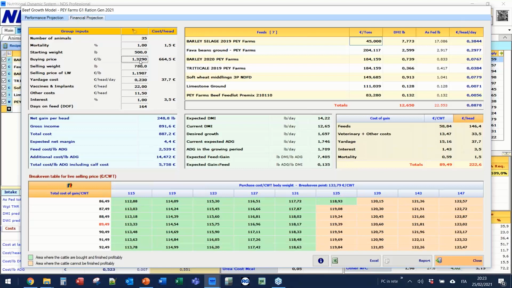We spent 1.329, and if we are going to buy the new replacements at 134, you will see that we have to reduce the other costs in order to maintain the profitability. Otherwise, we are losing money.